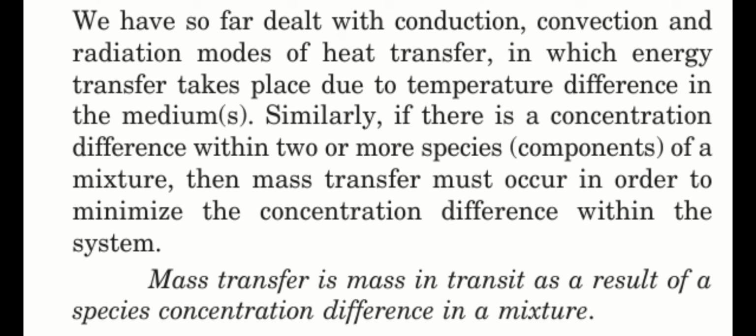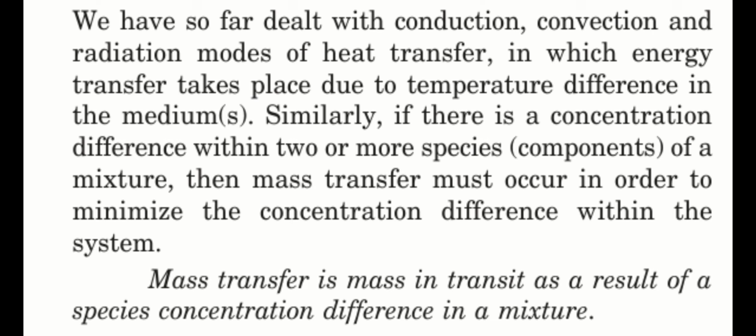So for mass transfer to occur, there should be a concentration difference between 2 points. If there is a concentration difference between the two components or 2 points, whatever you're taking, obviously there will be mass transfer. Mass transfer takes place until both the points or both the components achieve the same concentration.